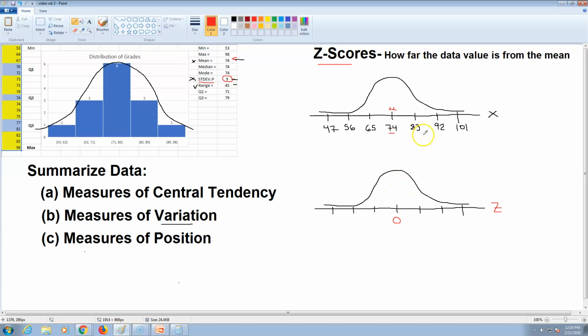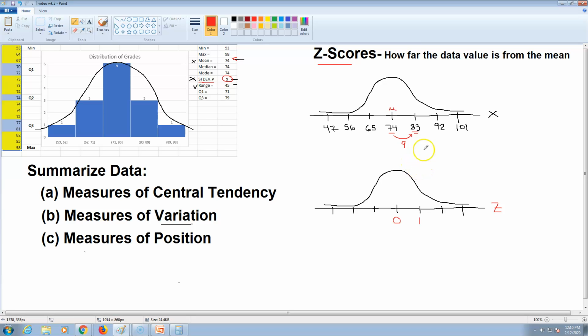Now, if I ask you how far away is 83 from 74, well, how did I get that 83? I counted by 9. I added one 9 to the 74, and that's how I get the 83, because the 9 was the standard deviation. So how many 9s did I use? 1. So 83 will be the first mark to the right of the 0, and I'm going to put 1. Why 1? Because I only used one 9. I only used one standard deviation.